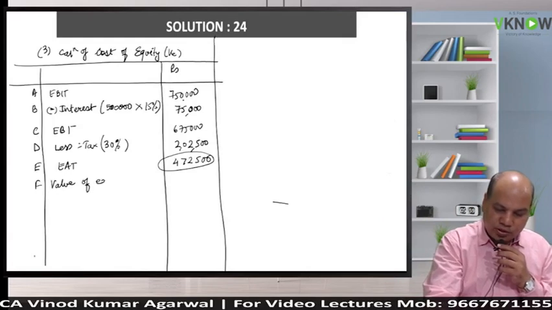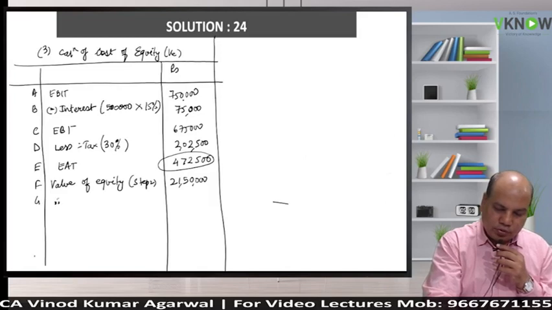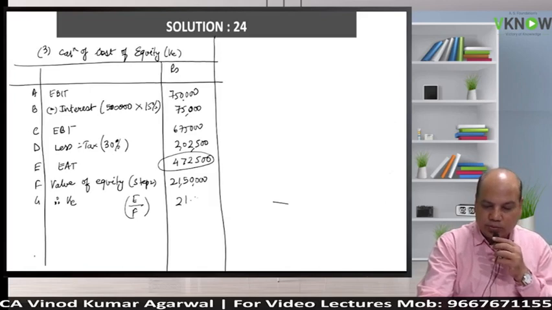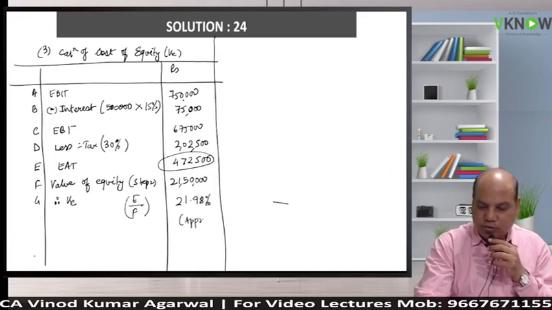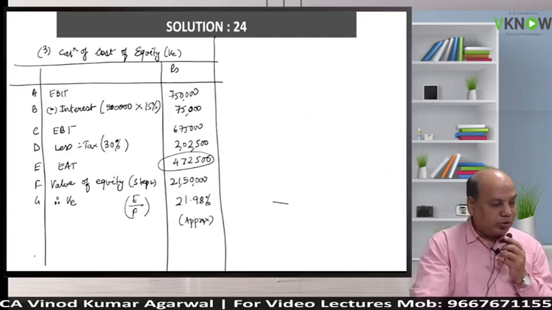Go to the previous step, step 2: 21 lakh 50,000. So therefore, cost of equity, E by F, is 21.98% approx. Write this down if you are rounding off. And this was your second question.